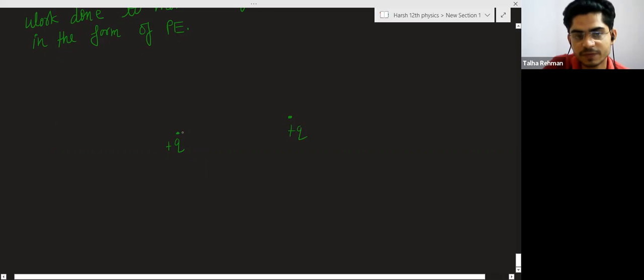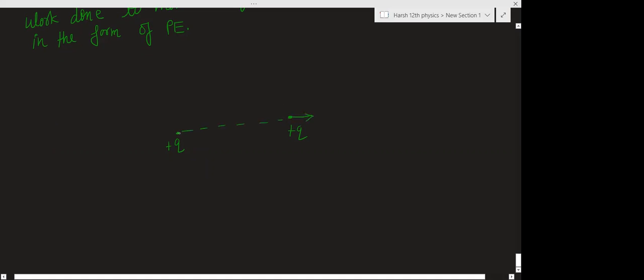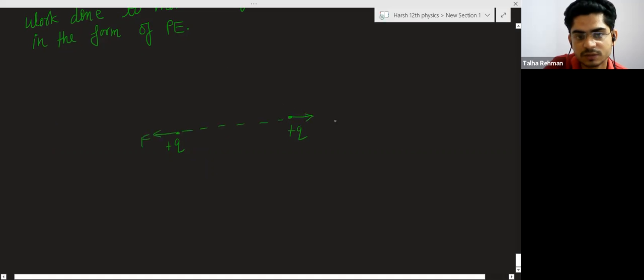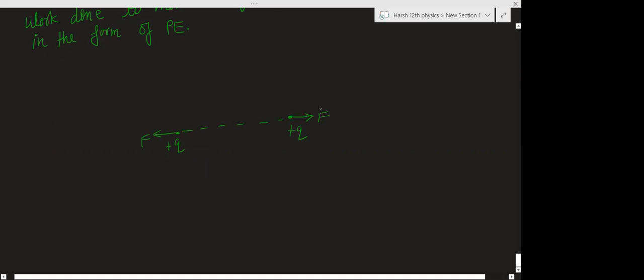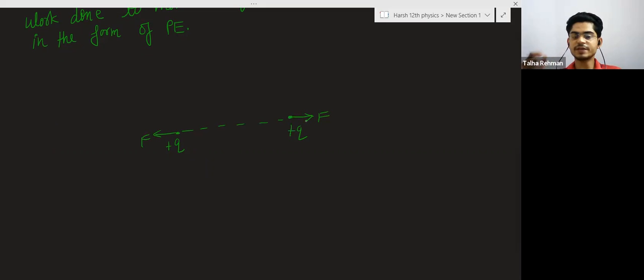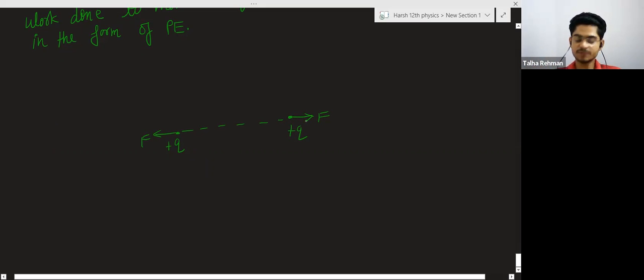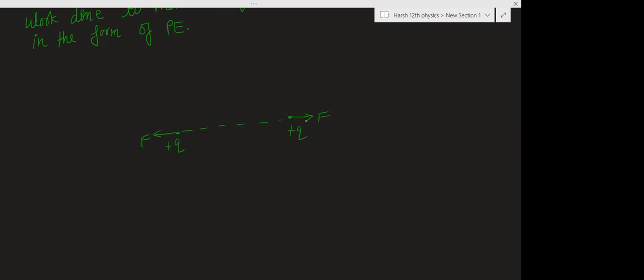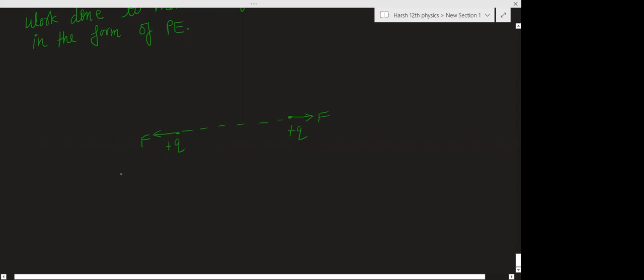At least one more charge should be there, and there are forces of interaction between these two charges. So system is something in which there are conservative forces of interaction.